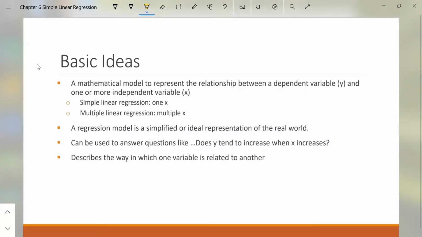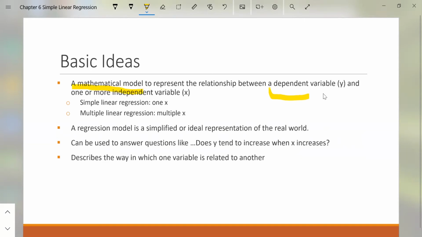So some basic ideas. The basic idea of a regression is to use a mathematical model to represent the relationship between two variables.